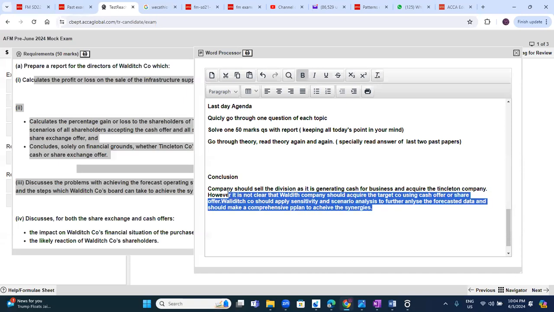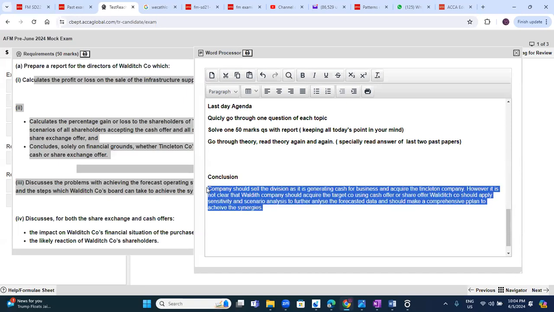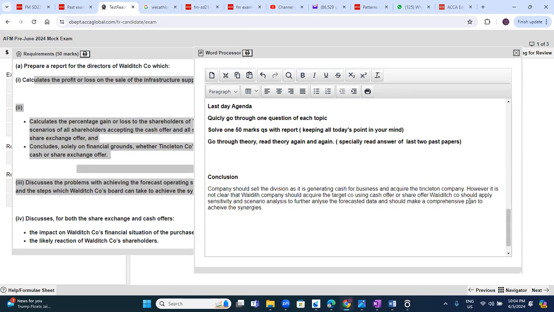Okay. This is more like you're advising. If I am doing the NPV question, I will always write this point. Company should do the scenario analysis and sensitivity analysis to further analyze the data.